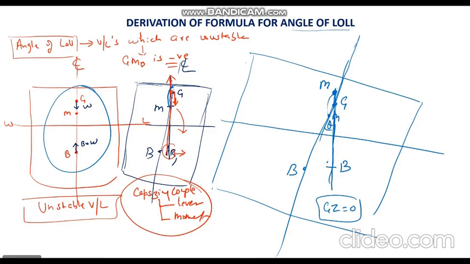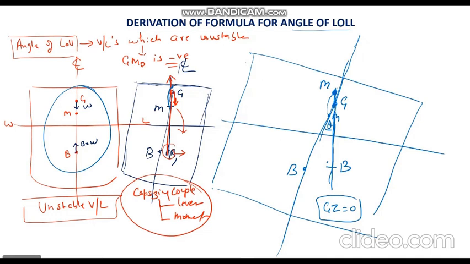And as the vessel heels and B moves out, causing the displacement of the metacenter, if you are fortunate, it's not your birthright, it may happen that before the ship is lost, if you are lucky, you may have the metacenter again coming vertically above G and making the GZ zero.